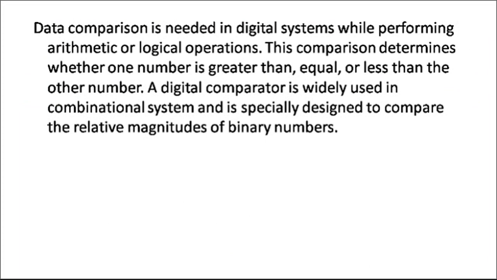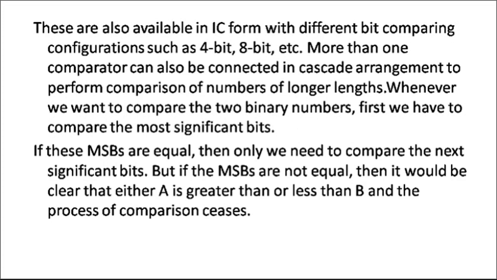First, data comparison is needed in digital systems while performing arithmetic or logical operations. This comparison determines whether one number is greater than, equal to, or less than the other number. A digital comparator is widely used in combinational systems and is specially designed to compare the relative magnitude of binary numbers.